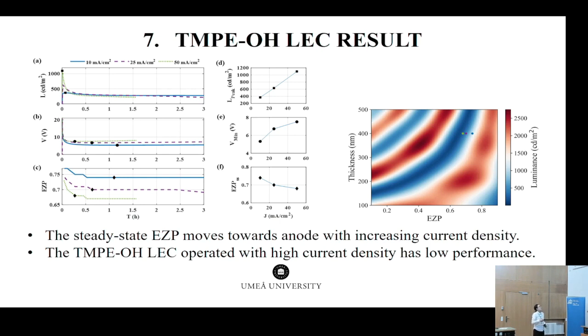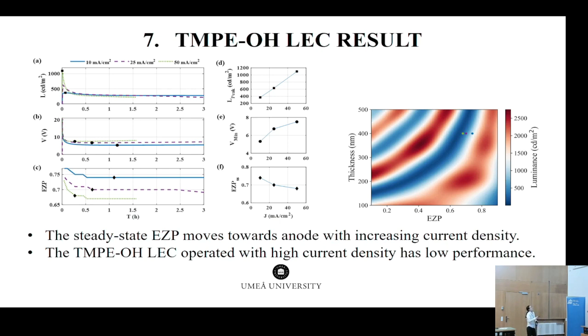Then I mark this steady state emission zone position in this simulated luminance map. We can see when the current density increases, the luminance gets smaller and smaller. It means if we want to operate such devices, we don't want to use this high current density.